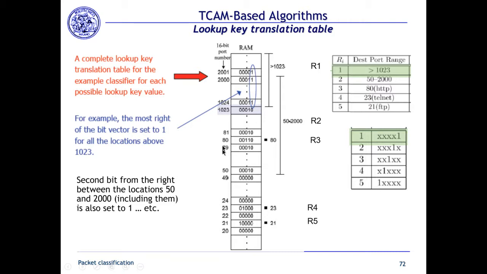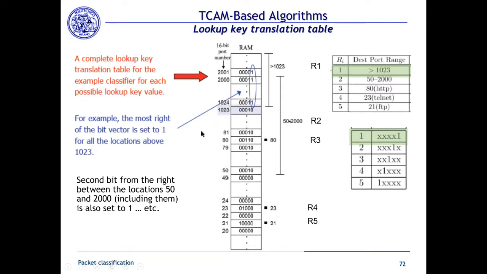The incoming packet, for this field, this is the port number. So in the incoming packet, it corresponds to a 16-bit binary number. In the RAM, you must have 2 to the 16 positions. So you can use that incoming value as an address to look into this RAM.